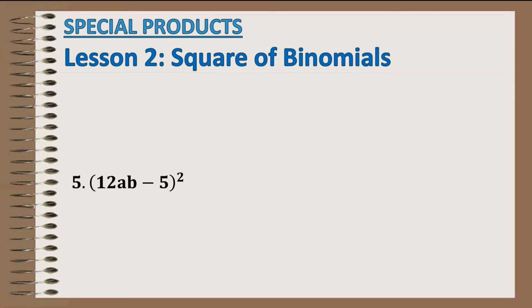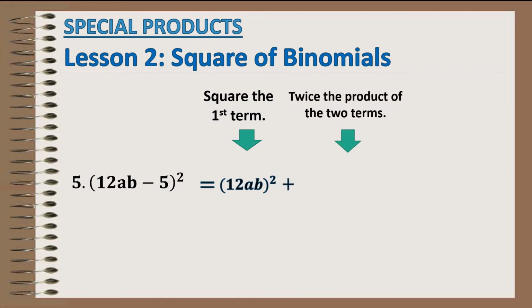Number 5, we have the quantity of 12ab minus 5 closed quantity squared is equal to, square the first term, we have the quantity of 12ab closed quantity squared plus twice the product of the two terms. We have 2 times 12ab times negative 5 plus square the last term.